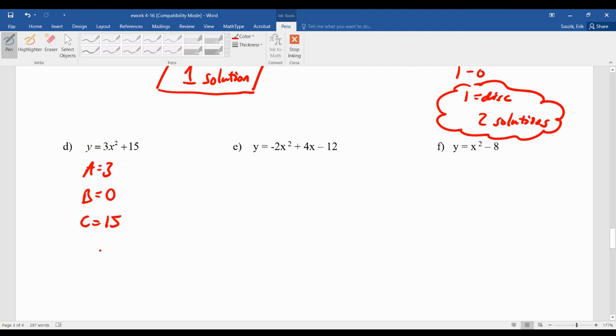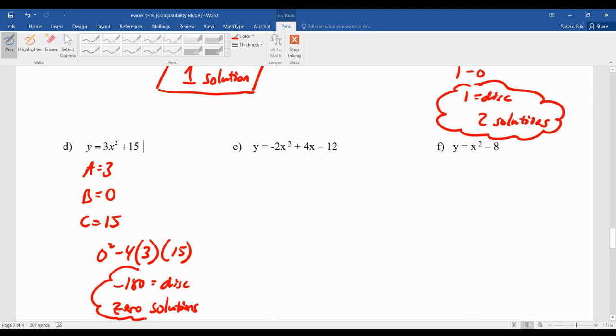So we would do B squared minus 4 times A times C. And this comes out to negative 180. That is the discriminant. And that means there are 0 solutions.